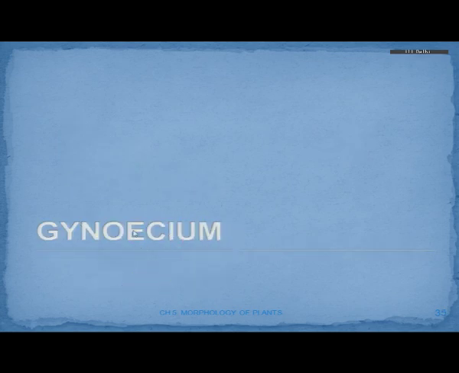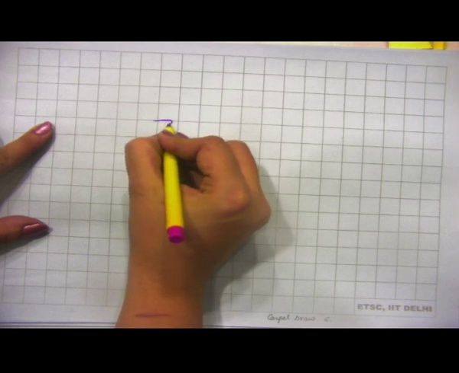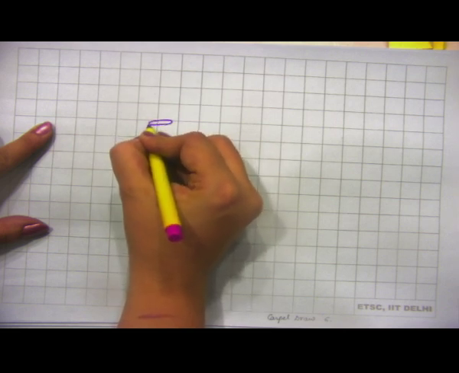Now, we will move on to the study of gynoecium. Gynoecium is the female whorl and it is composed of carpels. Let us draw a carpel. Let us zoom out so that you can see what I am drawing. Let me draw a carpel for you.